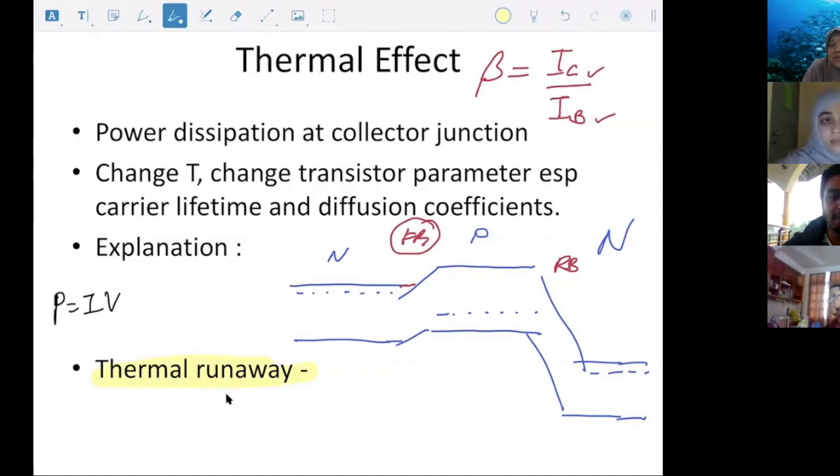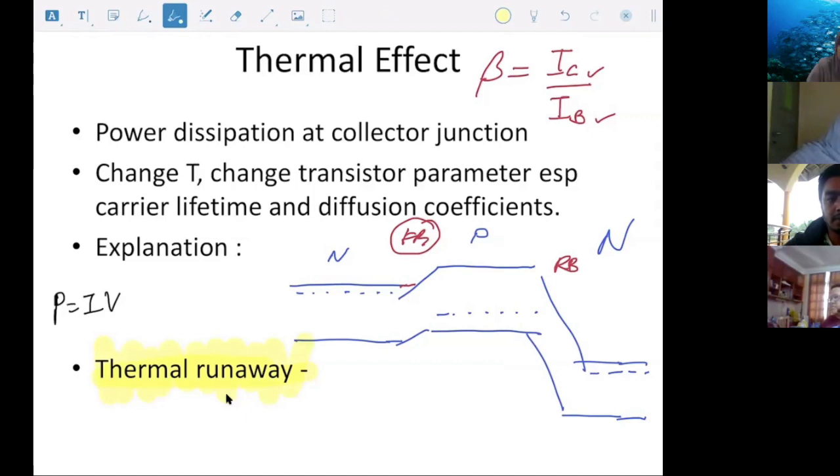And why? Because it's this effect that happens, thermal runaway. Too much current flowing, and it's a positive feedback. Current increases, power dissipation increases the current again, and in the end you're out of control, then you will burn the device. Okay, so that is thermal runaway.